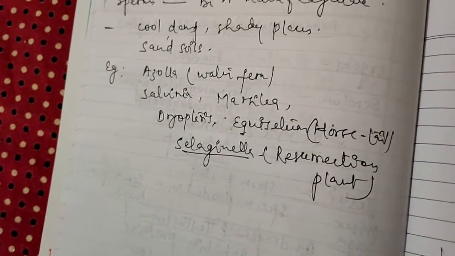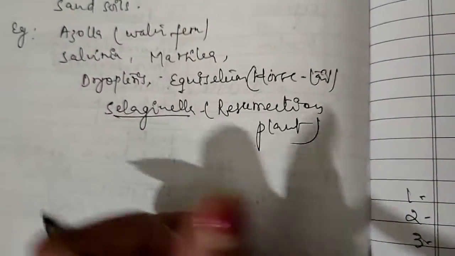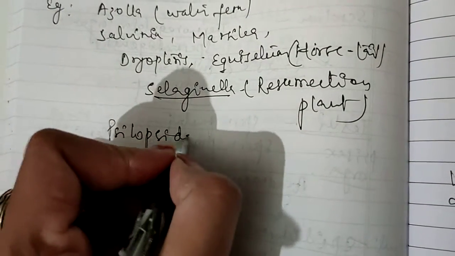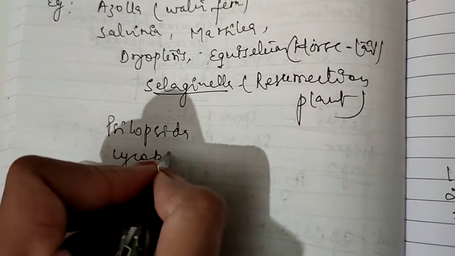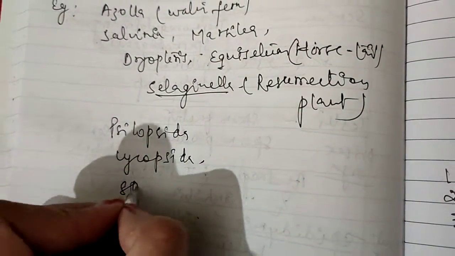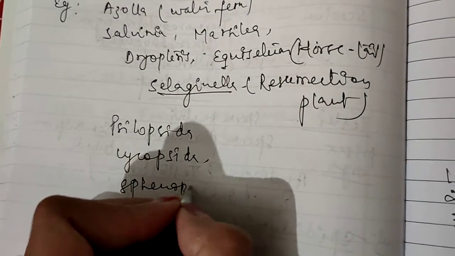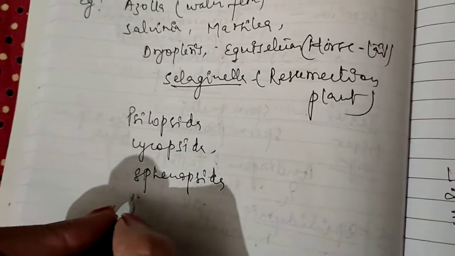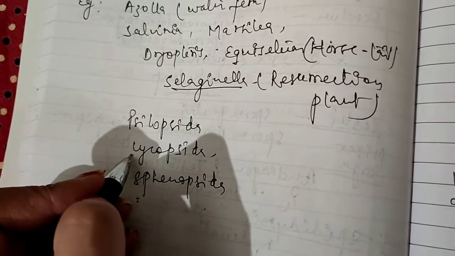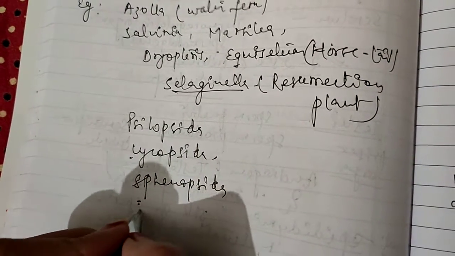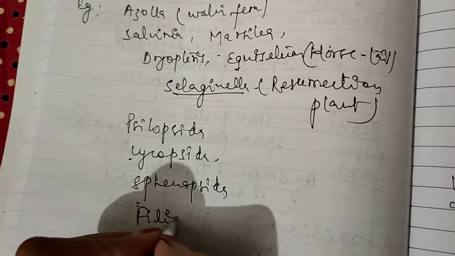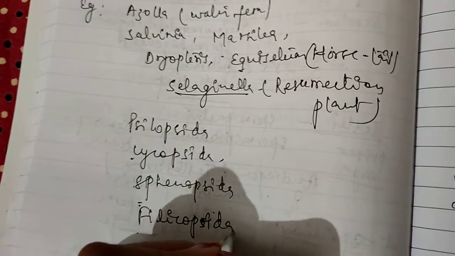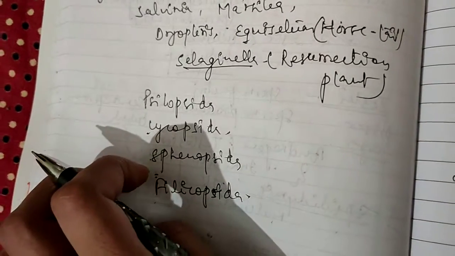There are four classes: Psilopsida, Lycopsida, Sphenopsida, and Pteropsida.